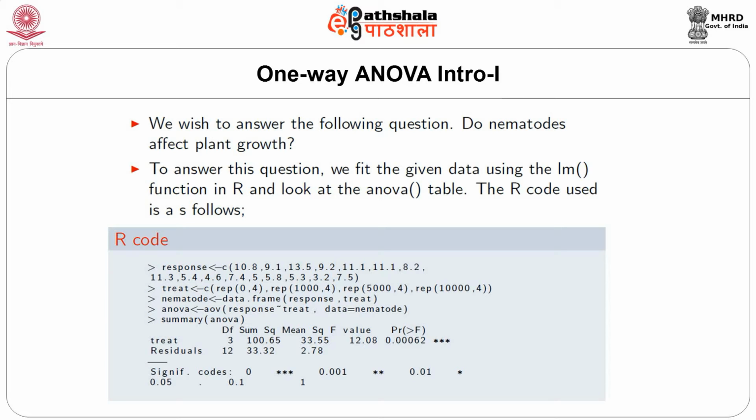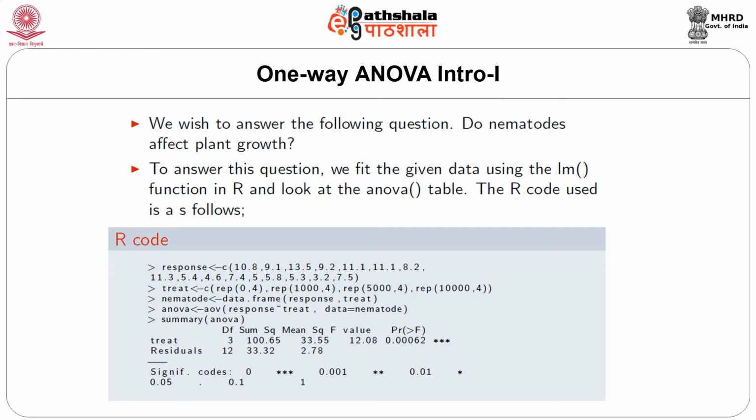The R code as given is: response <- c(10.8, 9.1, etc.), which goes to the next line and is closed with one parenthesis. You must understand that the first greater than sign is called the prompt. It is not typed by you, it is printed by R. And the second less than sign is actually part of an arrow.